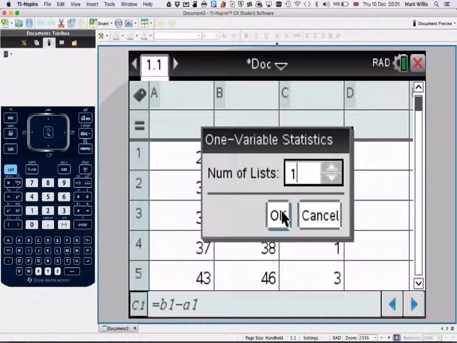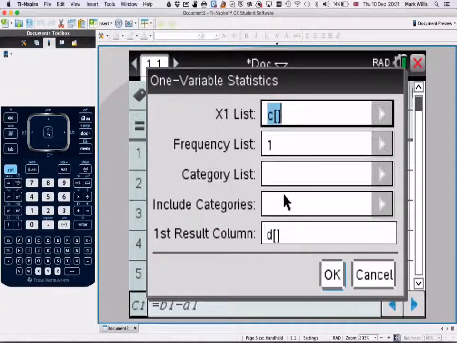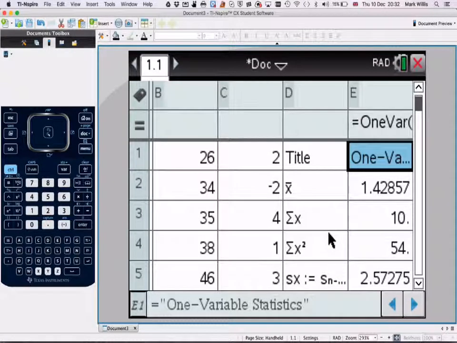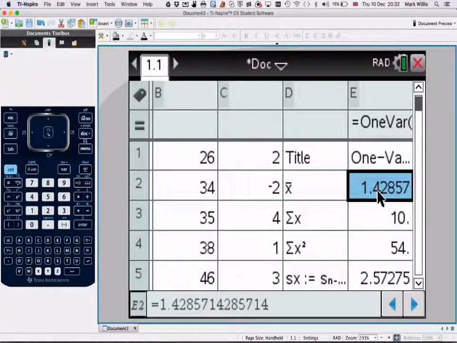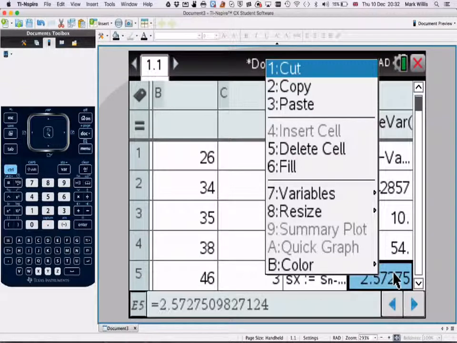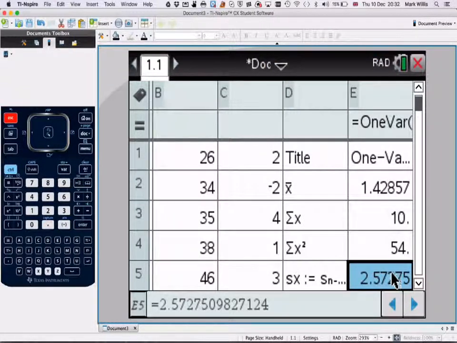We're not worried about A and B. Press OK, and we want to consider C. Each of those occurs once, and it will put it in the next available column, which is D. That's what happens when you put the cursor on the last available column. Press OK, and we will get the mean here being 1.43, and the unbiased estimate of the standard deviation will be here.